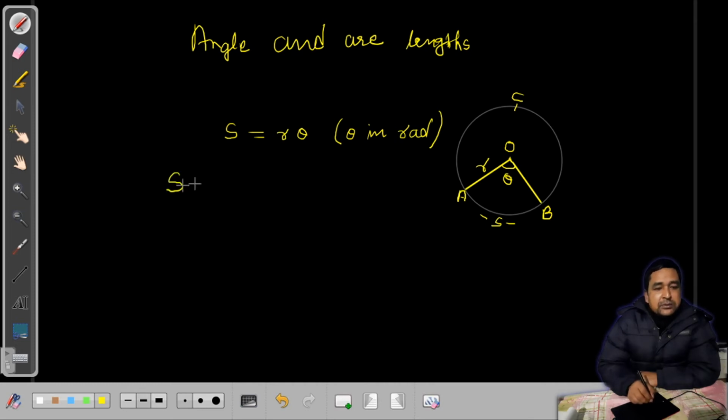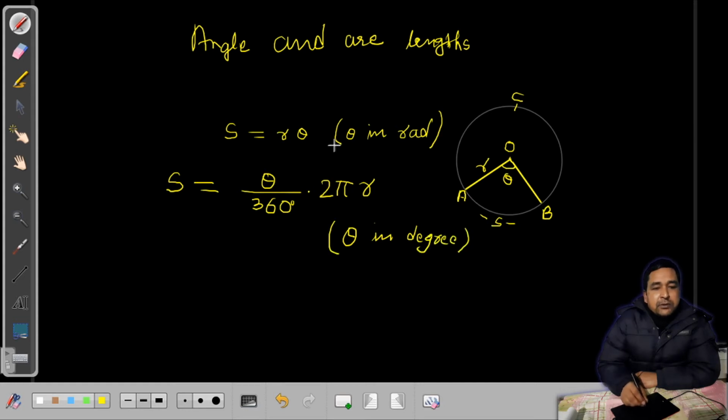S equals theta divided by 360 degree, multiplied by 2 pi r. In this case theta is in degree. If you are using the upper formula, theta must be in radian. If you are using the lower formula, theta is in degree.